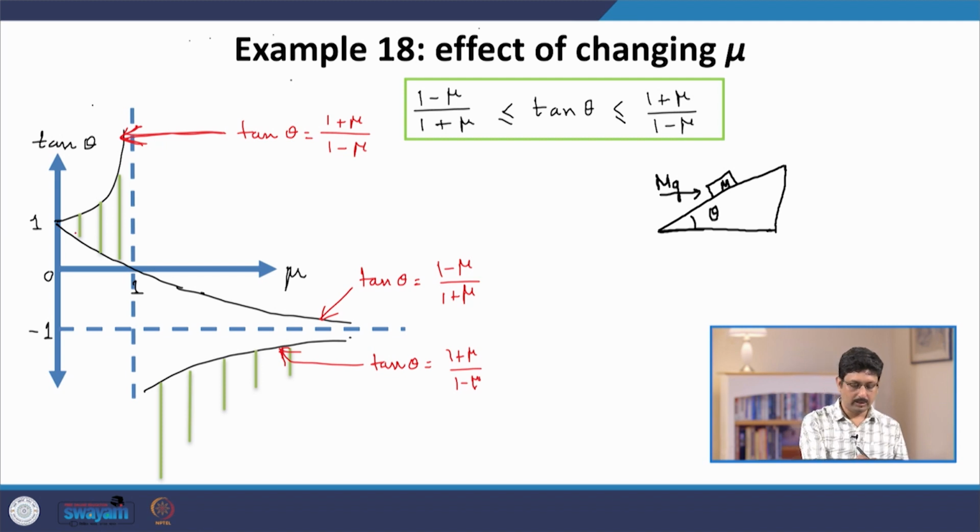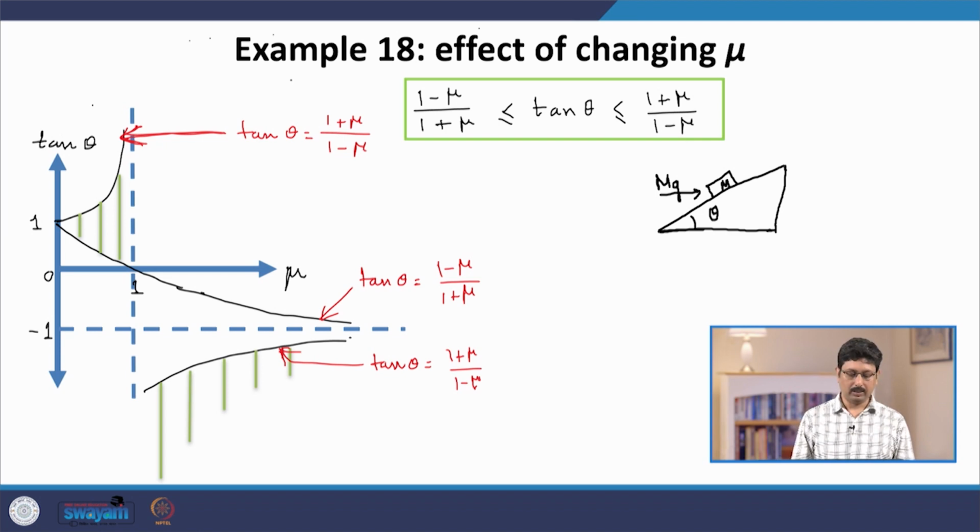So, this black curve which is decaying represents the function 1 minus mu divided by 1 plus mu, and this green curve represents the function 1 plus mu by 1 minus mu. First consider the case where the angle is less than 90 degrees. So, the angle of inclination varies from 0 to 90 degrees.